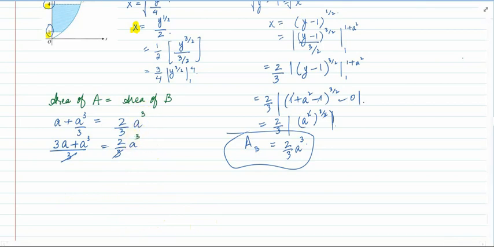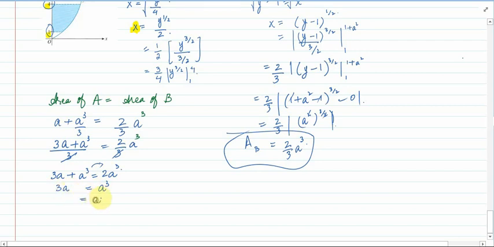Alright, so now it will be 3a plus a cube equals 2a cube. Alright, and 2a cube minus a cube on the right side, it will be a cube equals 3a. Right? If I shift 3 on the right side, it will be a cube minus 3a equals 0. We can take a common here, so it's a square minus 3 equals 0.